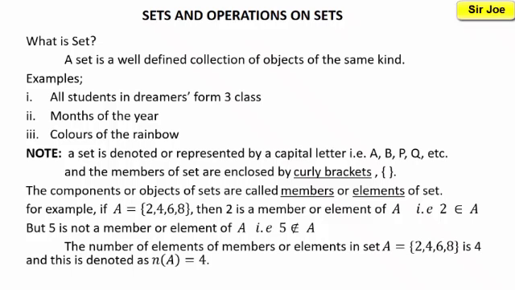We can count them: 1, 2, 3, 4. So the number of elements in set A is 4, and it's always denoted by n(A) = 4. I hope we are clear with this one. Now let's move on.